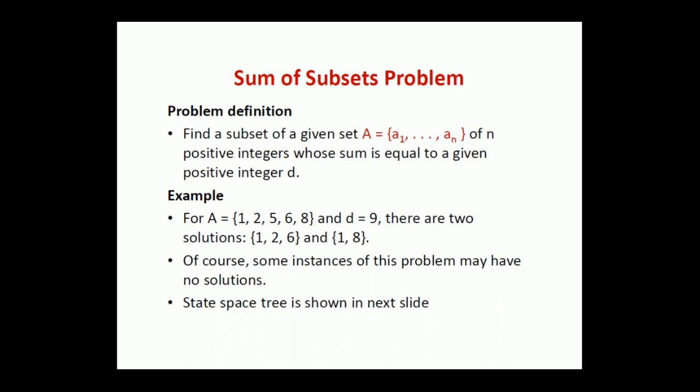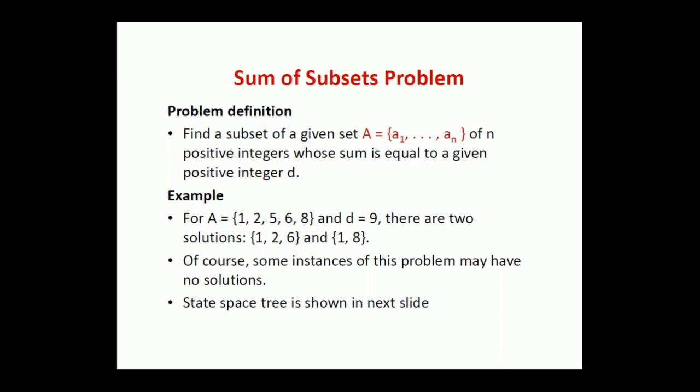Similarly, going to the left from a node of the first level corresponds to inclusion of the set element A2, while going to the right side of the node corresponds to exclusion of the element A2, and so on.